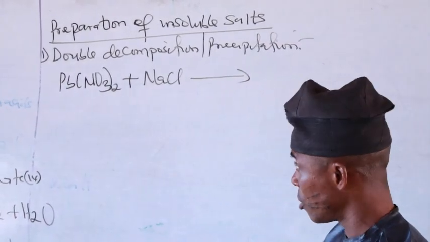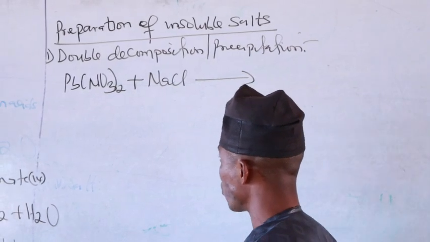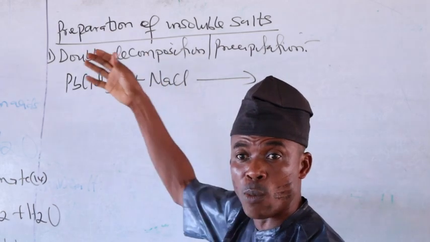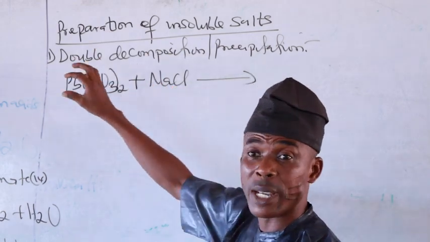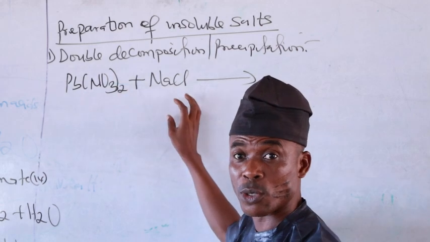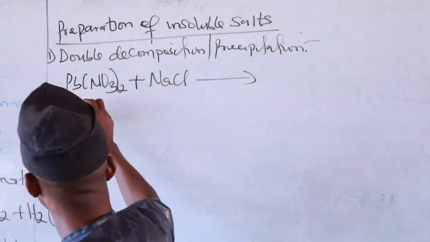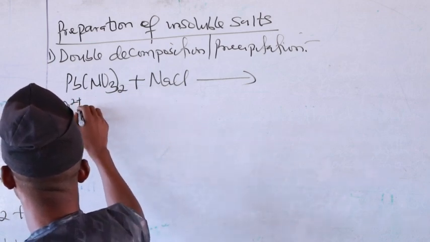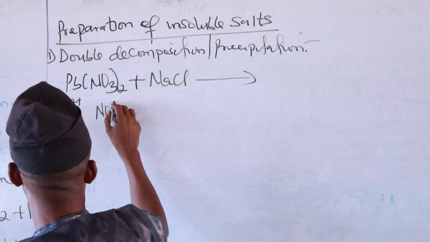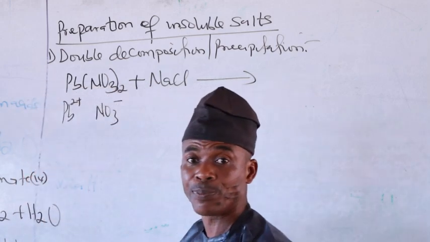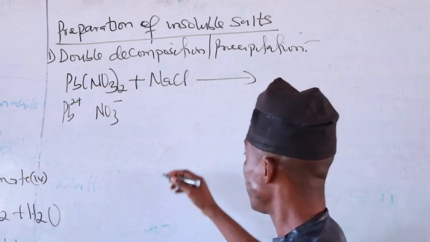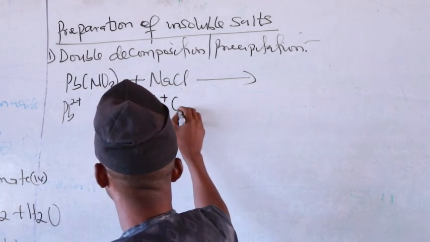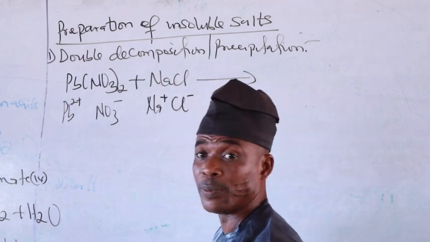When lead trioxonitrate V reacts with sodium chloride, we call it double decomposition because each of the salts will decompose and there is going to be exchange of ions between the 2 salts. Now, when lead trioxonitrate V breaks, you are going to have lead 2 ion and trioxonitrate V ion. Then the sodium chloride will break into sodium ion and the chloride ion.